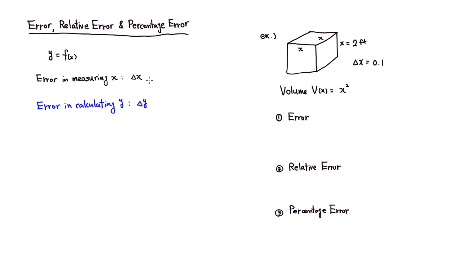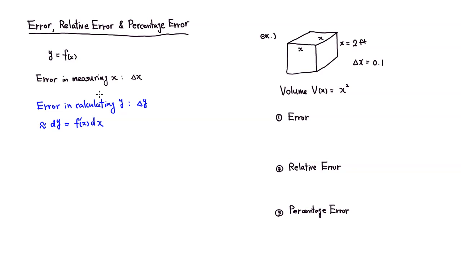Then we want to approximate it. This delta y is an error, so we're going to approximate it using dy, which is f prime of x, and then dx.